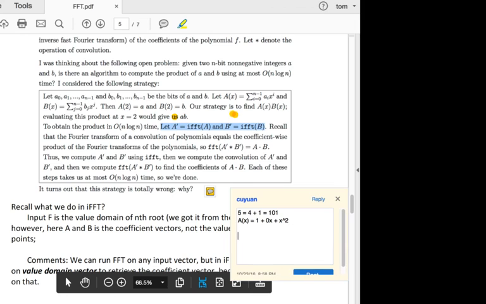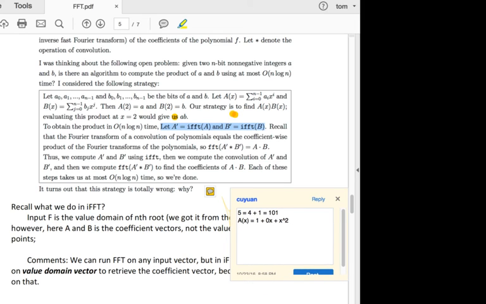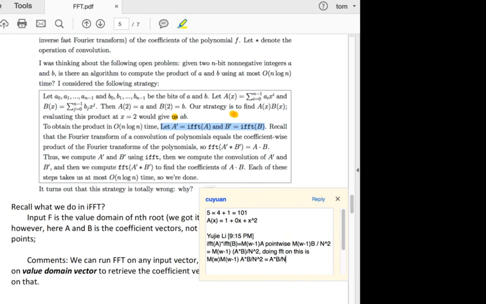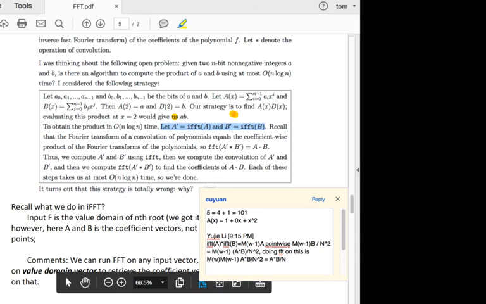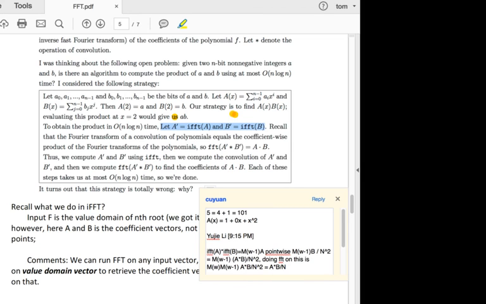Okay, so Yujie messaged me that it's not about the definition of A and B, because FFT is all about the matrix multiplication.